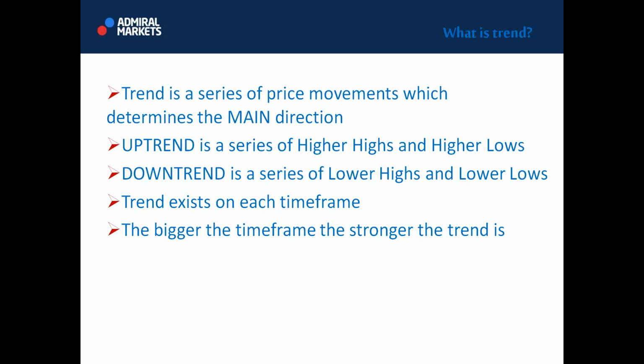If we open M5, M15, 1 hour, 4 hour, daily, weekly, monthly, we can see that trend does exist on each time frame. But the bigger the time frame is, the stronger the trend.